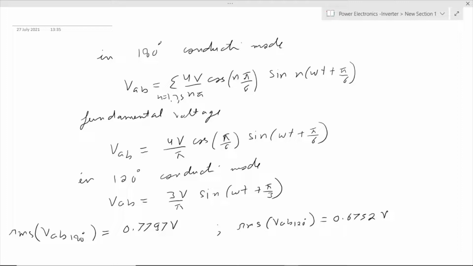So there is a reduction in RMS value of the output voltage in 120-degree mode.